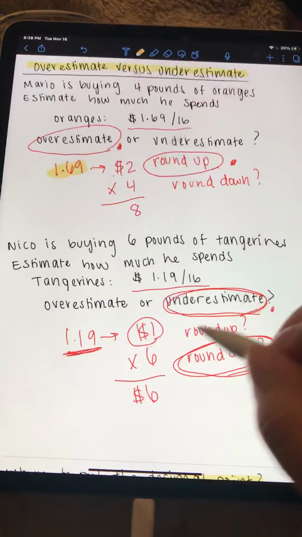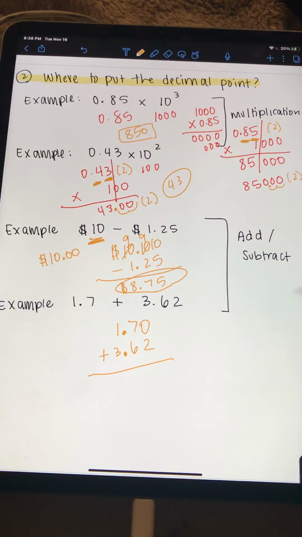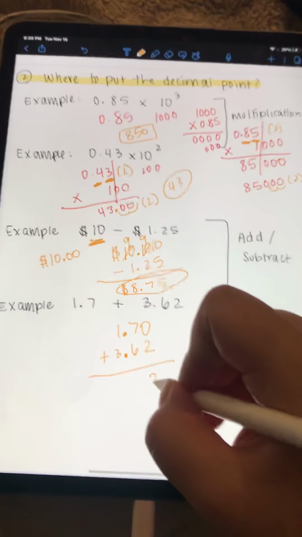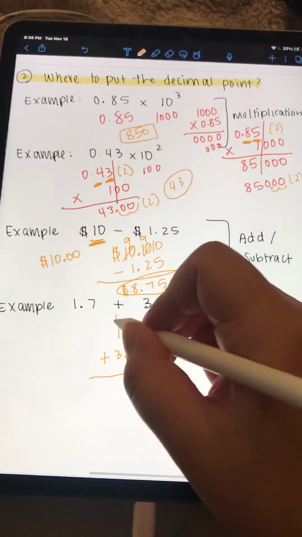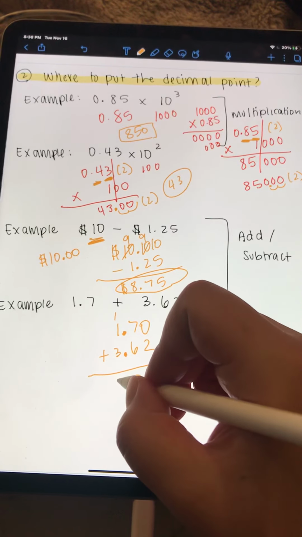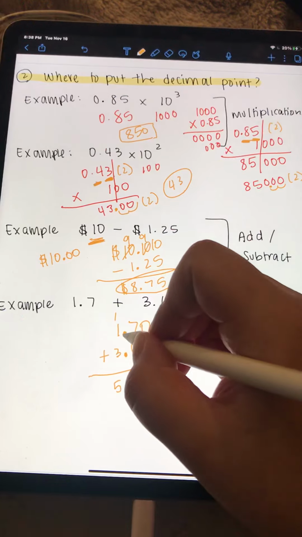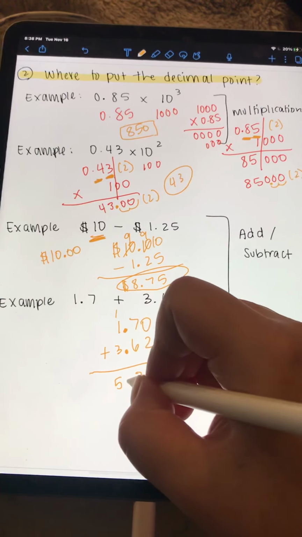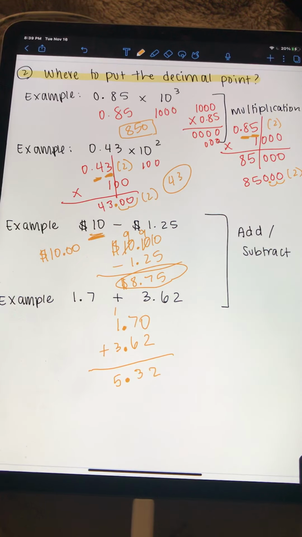So we can add a 0 there. And that way now we can just add up. 0 plus 2 is 2. 7 plus 6 is 13. Now we have 5 over here. And where do we put our decimal? Well, again, we lined everything up, so we just draw the decimal right under everything else, right? And that's how we do it in this case.